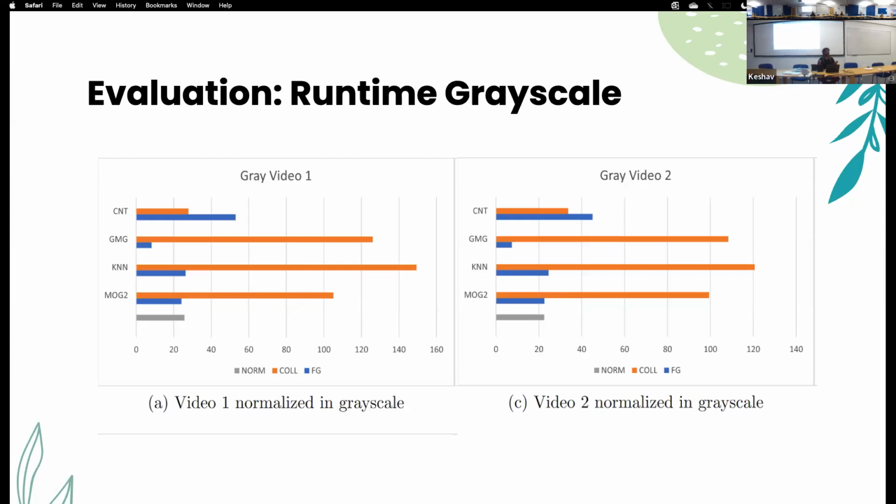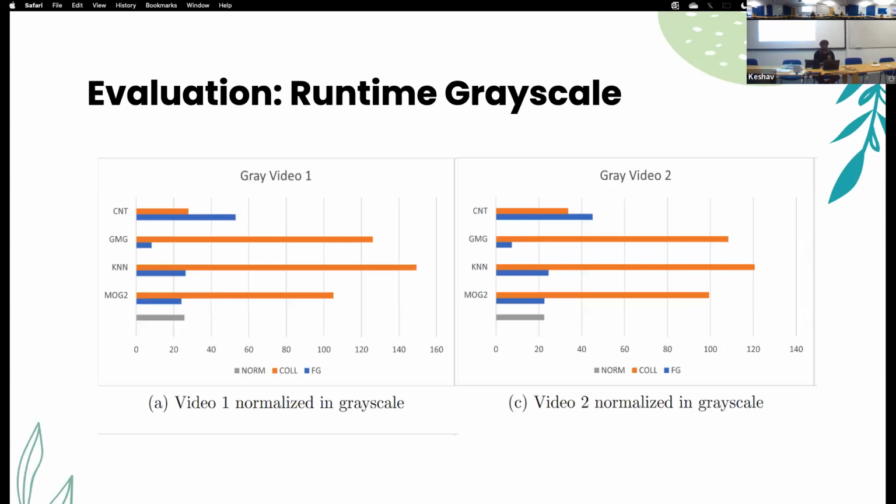However, this is above the frame rate of the videos that we're using, specifically 15 frames per second. So this could potentially work at slightly below real-time speeds, even with a bottleneck.